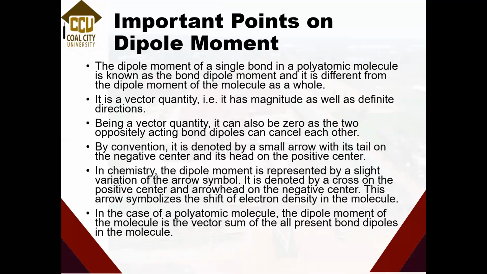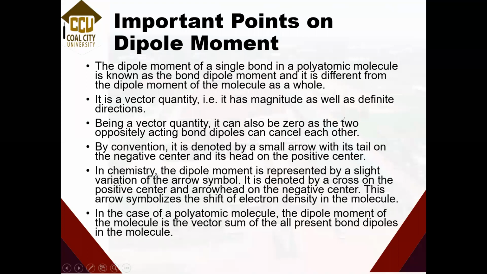Being a vector quantity, it can also be zero, as two oppositely acting bond dipoles can cancel each other out. If you still remember vector quantities, one of their properties is that they can cancel each other out.